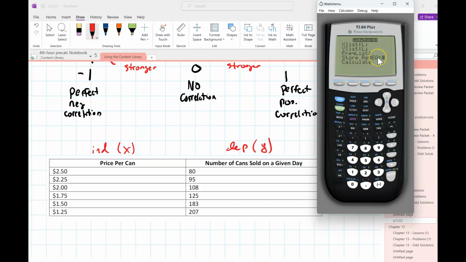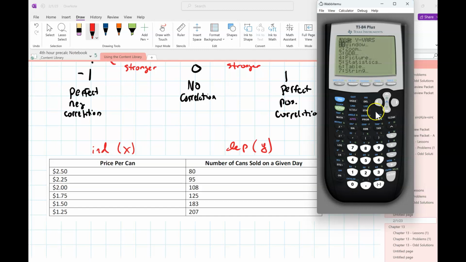So what I'm going to put in the store regeq spot is the symbol y1. That's going to be the first equation in the y equals menu. To get that symbol y1, I'm going to press the vars button right here below the down arrow. Vars is just short for variables.